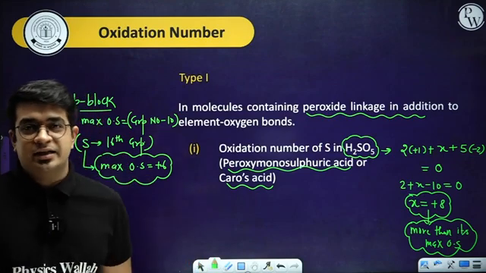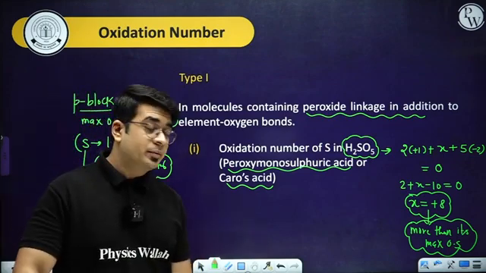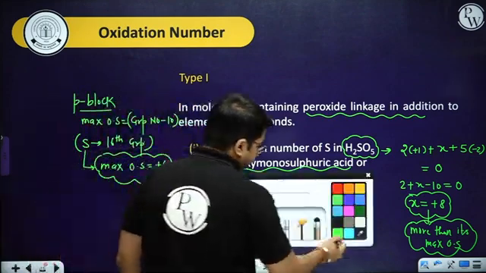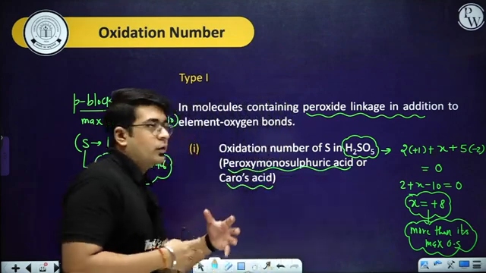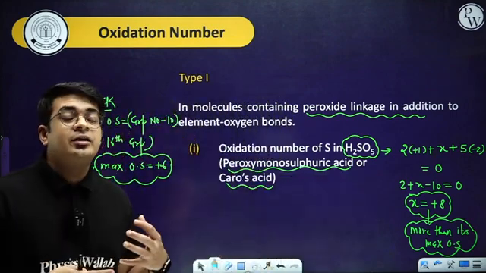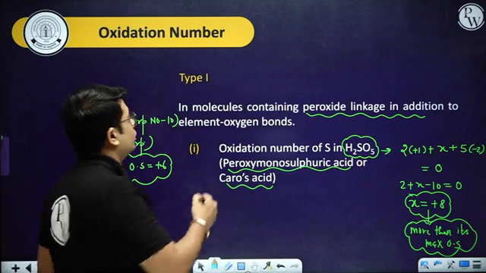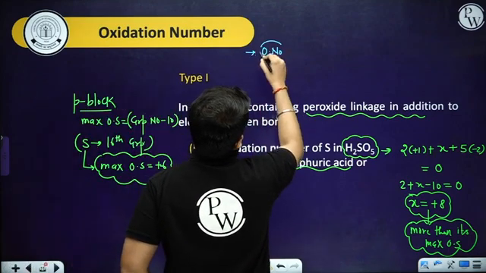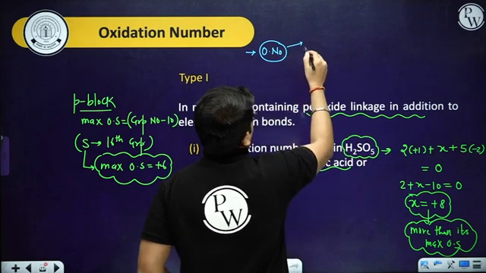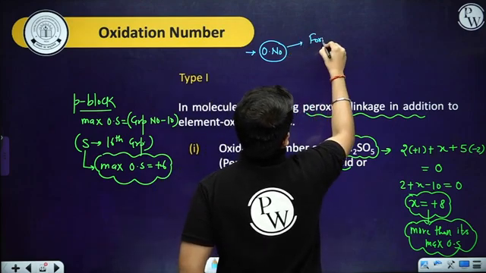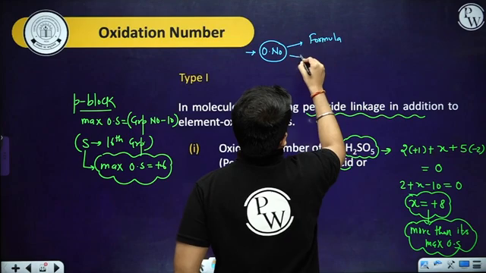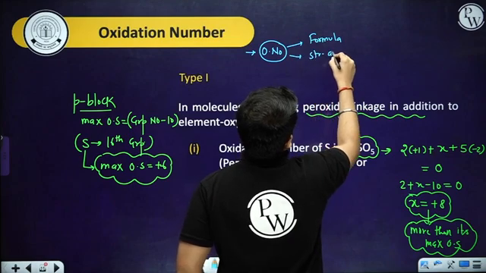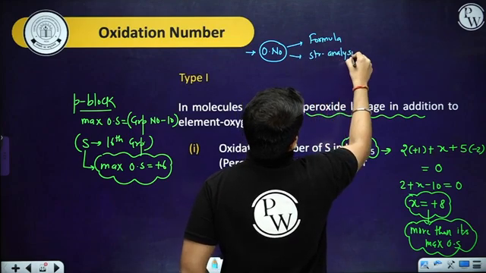There should be a chance that definitely peroxide linkage will be there. So in this particular case, what to do? Whenever you are dealing with the oxidation state, always remember that this oxidation number can be calculated with the help of the formula, whatever we are using, or from structural analysis.